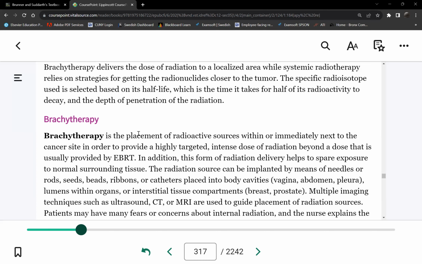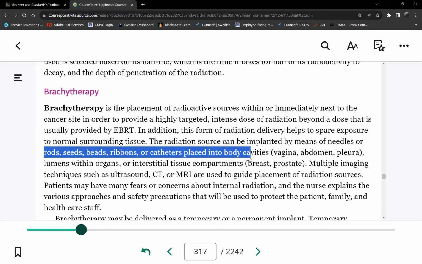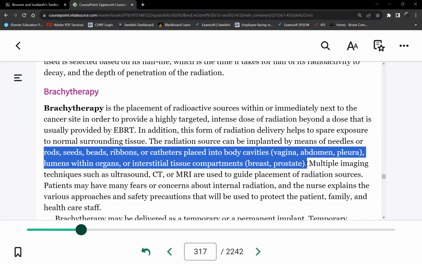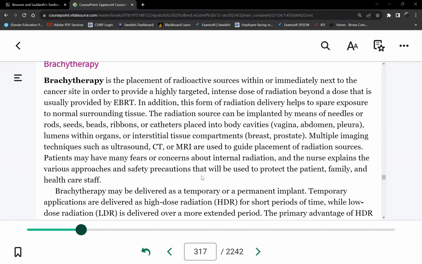So the general rule is, if it's a sealed radiation like this, doesn't matter what's in there, rods, seeds, beads, ribbons, or catheters, these are radioactive materials. However, they have a seal around them, meaning they have some form of a container. We will observe three different things.